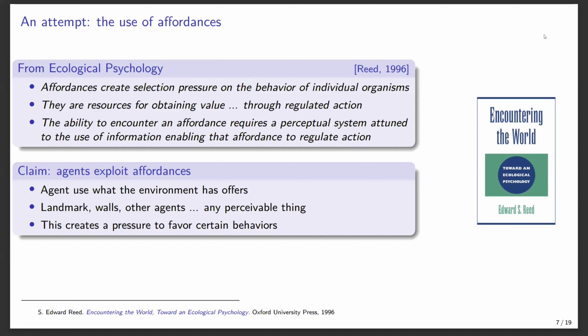He also says that there are resources for obtaining value, mating opportunities, through regulated actions, interaction with the environment. So my claim here is that the agents we saw exploit those affordances.